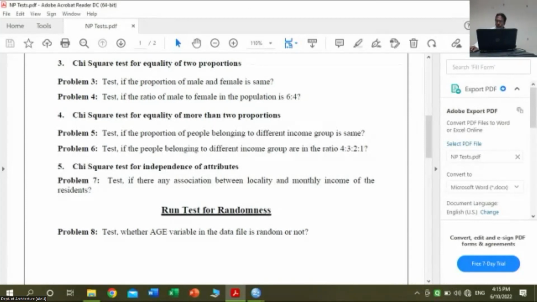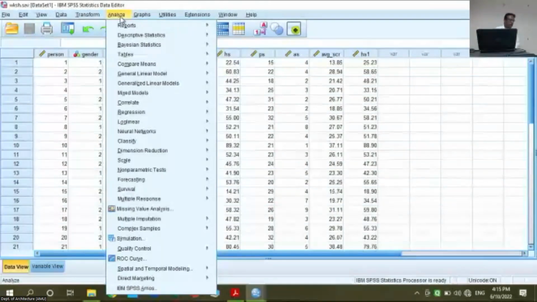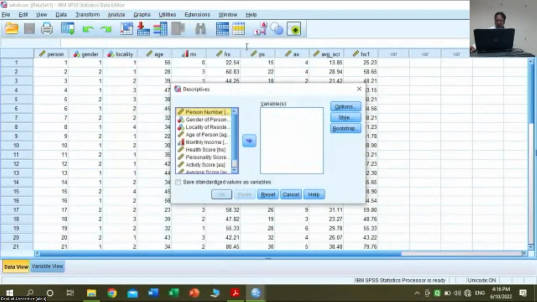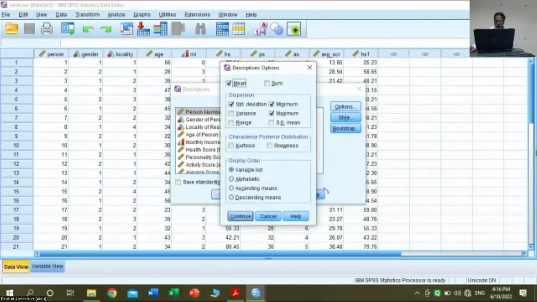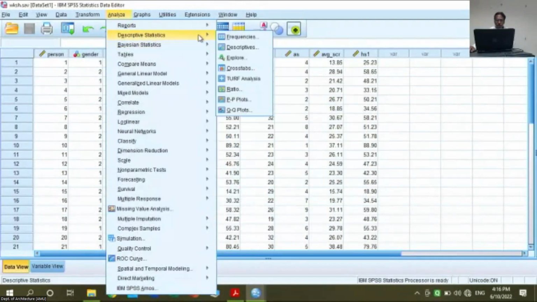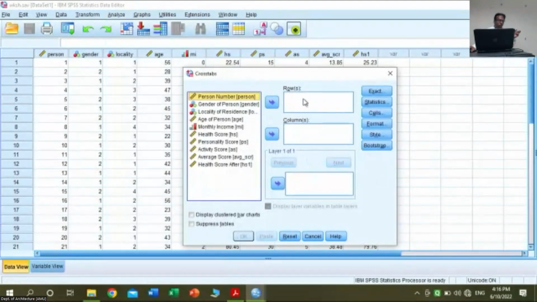Now how will we do this? Here, instead of chi-square under Nonparametric, we will go to Analyze, Descriptive Statistics, and then Crosstabs, cross tabulation. Select Crosstabs, and you move one variable into the row and another variable into the column. There are two variables, and you want to check the association between these two attributes: locality and monthly income. Locality can be moved into the row like this and monthly income into the column.